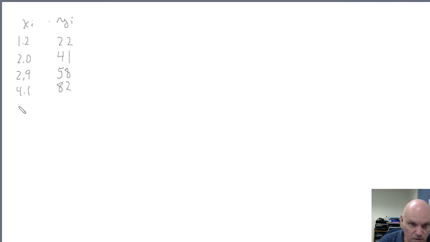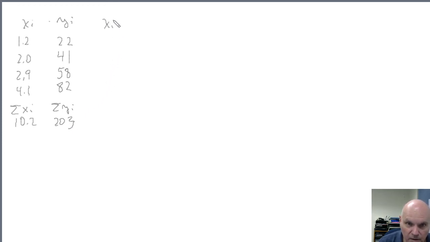From this we can compute the sum of the xi just by adding up these values, and that's 10.2. Similarly, the sum of the yi is 203.